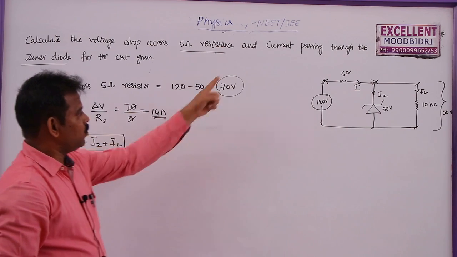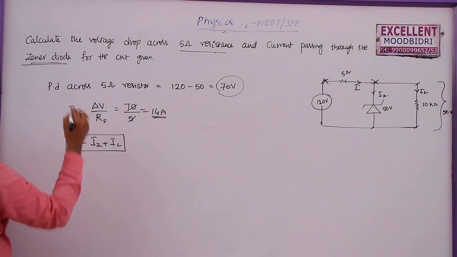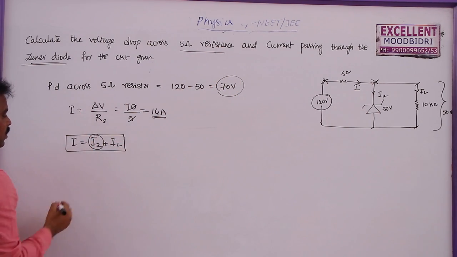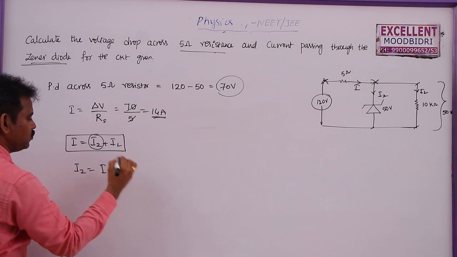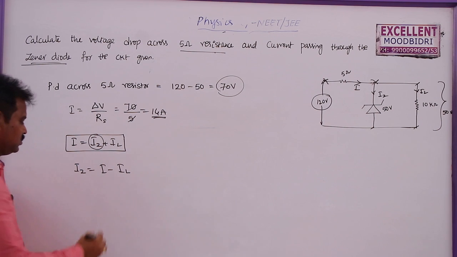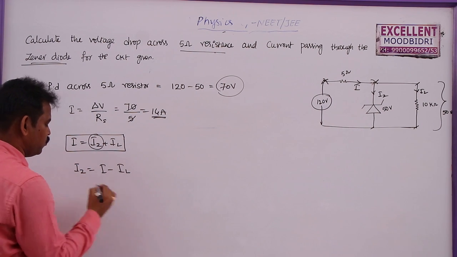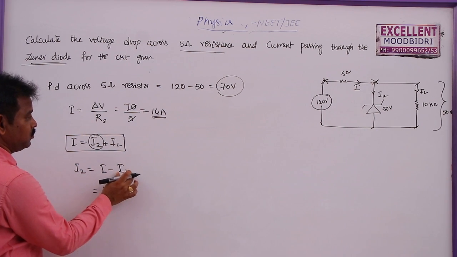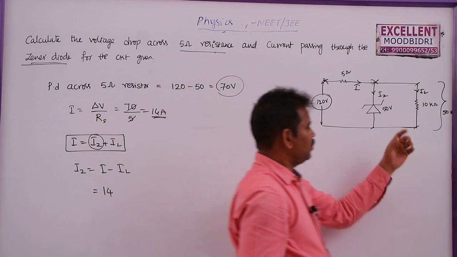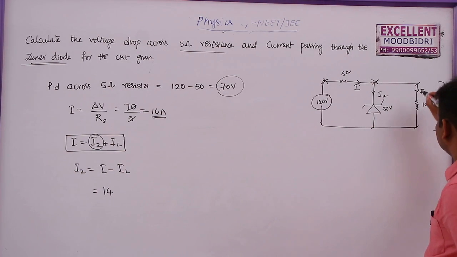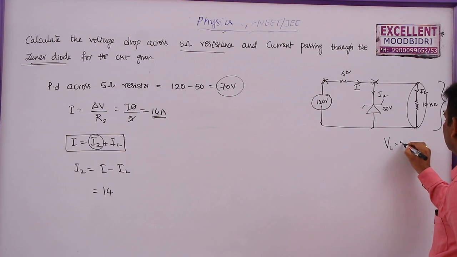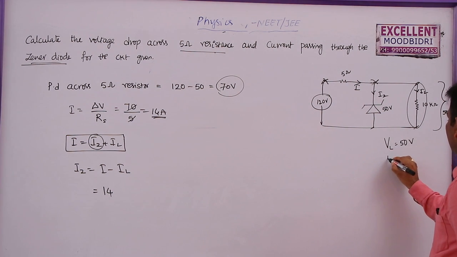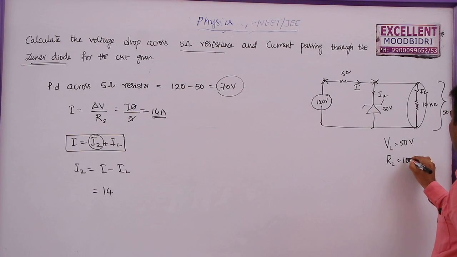The next one is, what is the current passing through the Zener, they are asking. So they want this Iz. To find out Iz, it is the main current minus the current through this load resistance. The main current we already got is 14, but what is the current through the load? Here you can see the voltage across this one is also 50. So voltage across the load is equal to 50 volts, and load resistance is equal to 10,000 ohms.